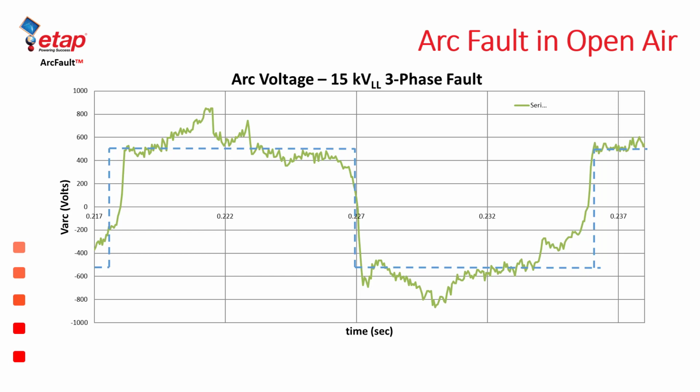Here we can see that whether it be a three-phase open air arc fault or a line to ground arc fault, the arc voltage behavior appears to follow what could be roughly approximated as a square wave. This is of importance in the development of the ArcFault models that are utilized.